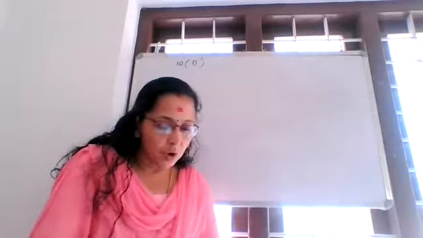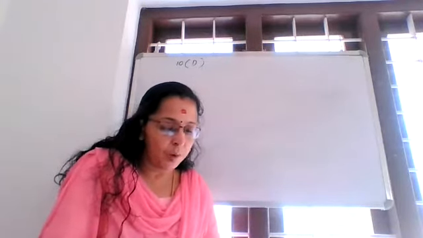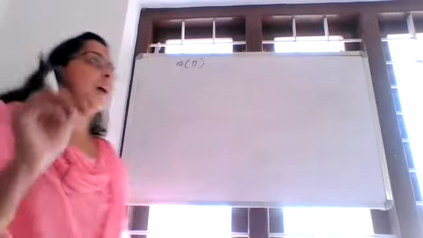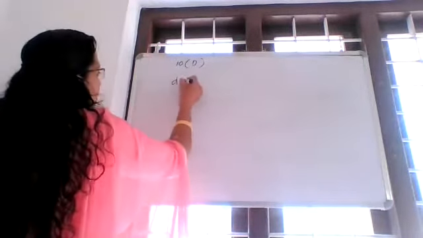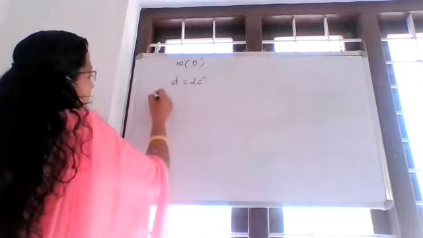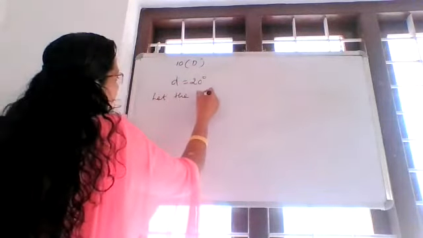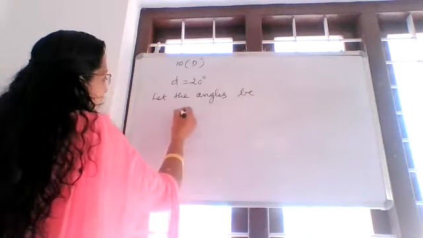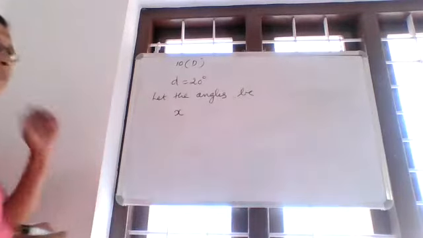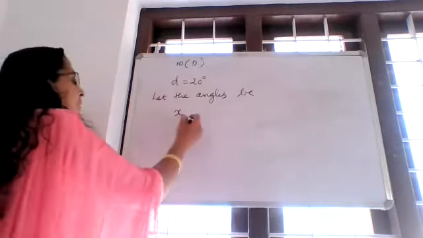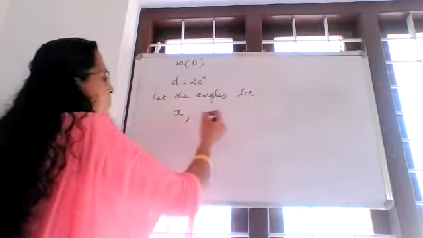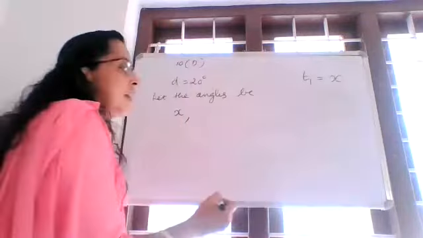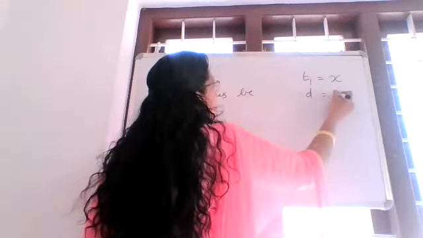The angles of a quadrilateral are in AP with a common difference 20. Find its angles. So given common difference, that is d, is equal to 20 degrees. Let the angles be x. If we take the first one as x, what will be the second one? Common difference is 20. Let T1 is equal to x, given d is equal to 20.